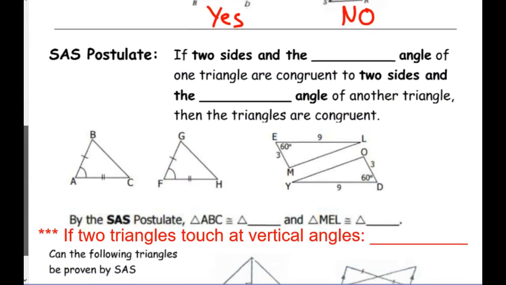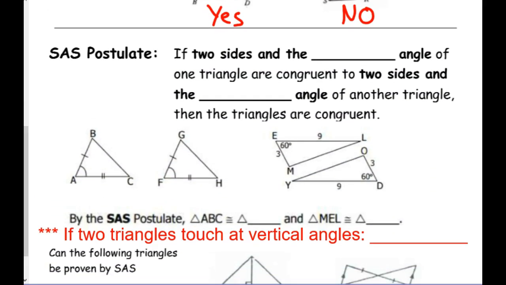Side angle side. Alright? So, notice we just went from 3 sides, and now we're going to use 2 sides with an angle in the middle. SAS means side, angle, side. And it says, if 2 sides and we're going to use the word included.